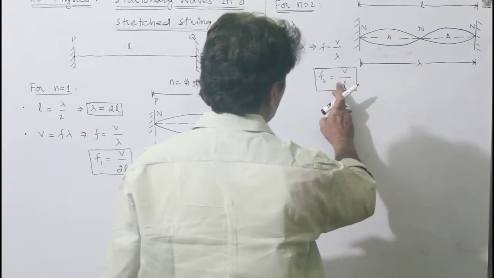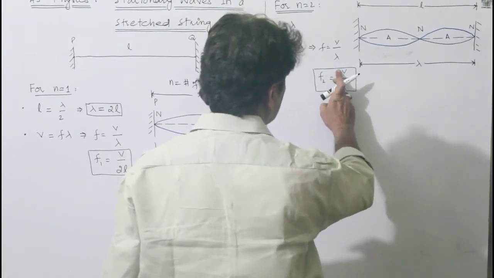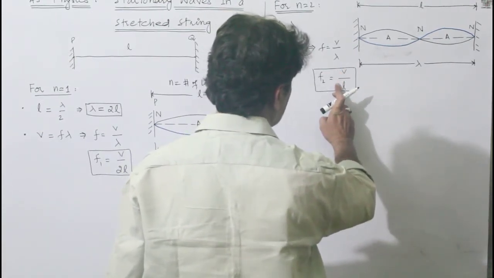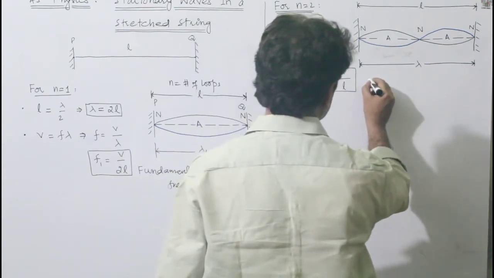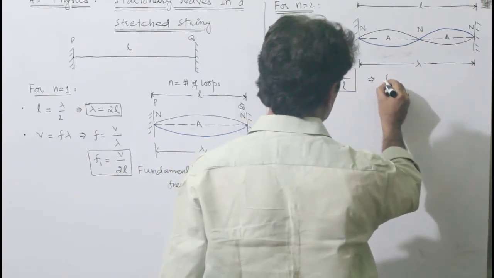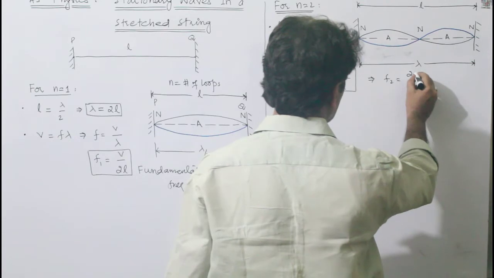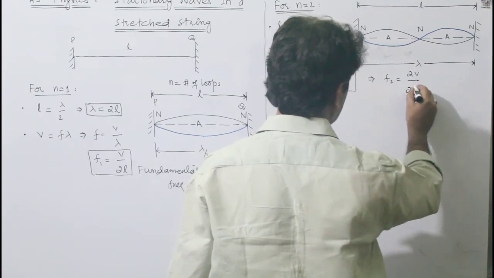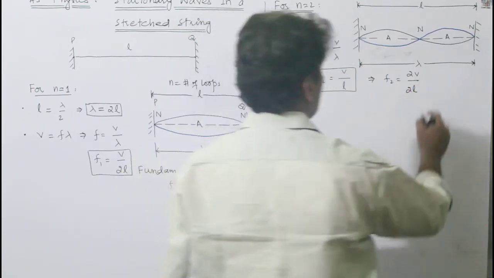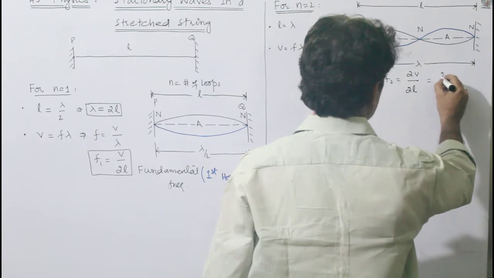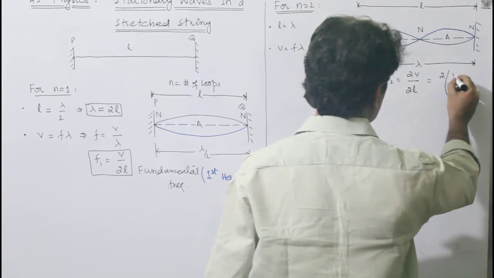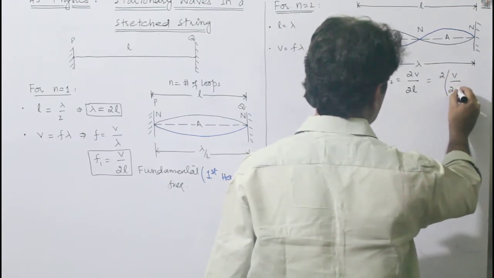Now we want the 2 here, so we will multiply by 2 in the numerator as well as in the denominator. So we will get the equation for f2 like f2 is equal to 2 times v divided by 2 times L. So we can simplify this equation like 2 times v divided by 2L.